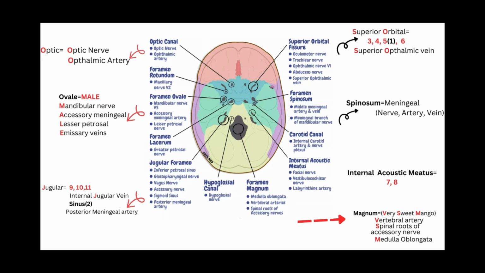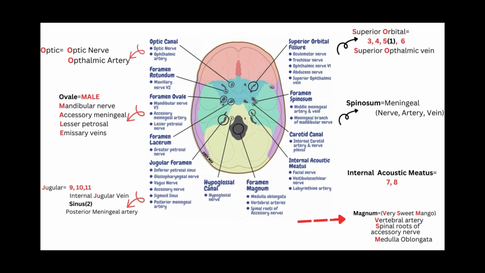The second important foramen is the foramen ovale. Remember the rhyming word is MALE. M is for the mandibular nerve, A is for the accessory meningeal artery, L is for the lesser petrosal nerve, and E is for the emissary vein. That's how it is, MALE.